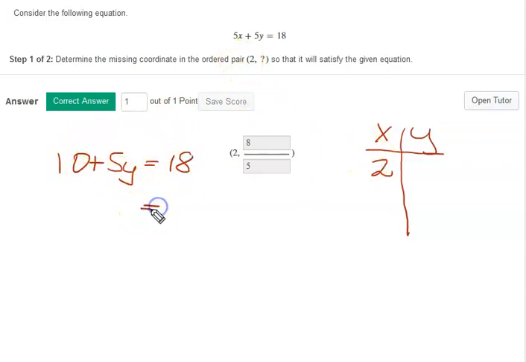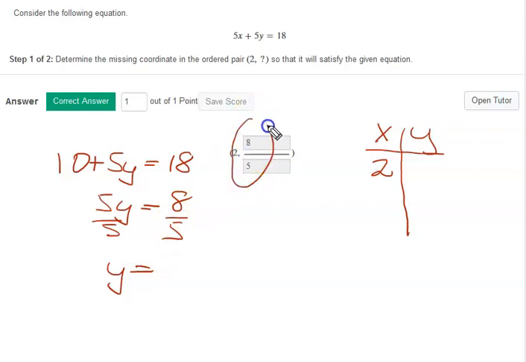Transpose the 10, becomes a negative 10, so this is 8. So 5y equals 8, divide both sides by 5. y equals 8/5. And this person had that correct.